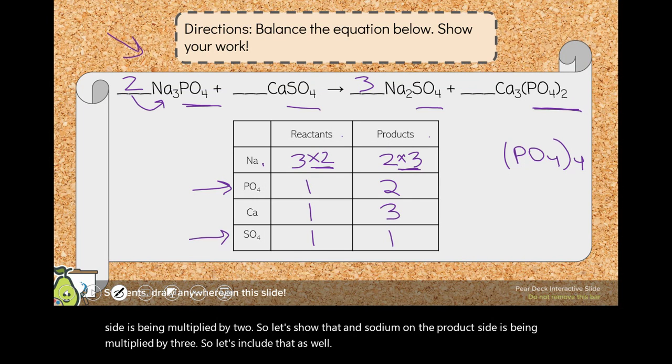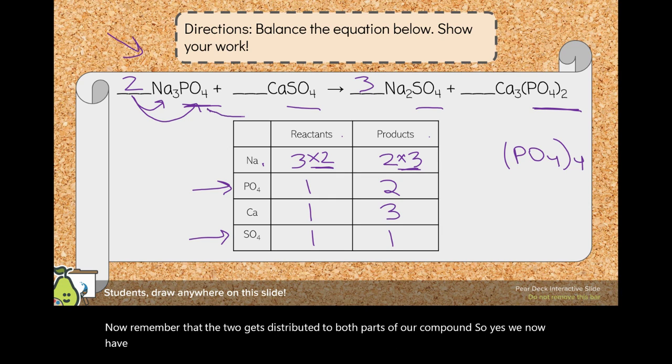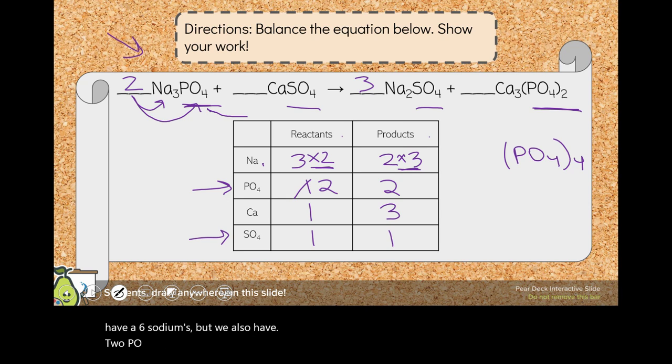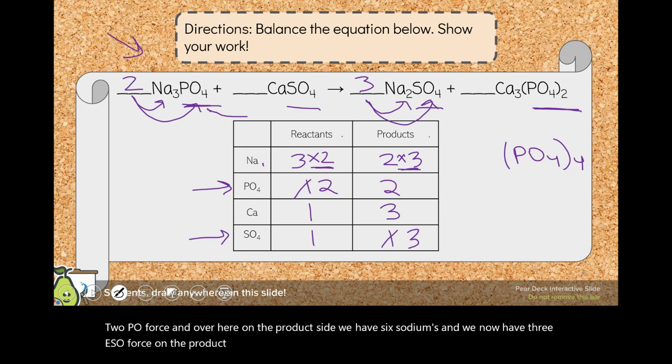Now remember that the 2 gets distributed to both parts of our compound. So yes, we now have 6 sodiums, but we also have 2 PO4s. And over here on the product side, we have 6 sodiums, and we now have 3 SO4s on the product side. So now let's correct calcium. Let's go ahead and balance that.